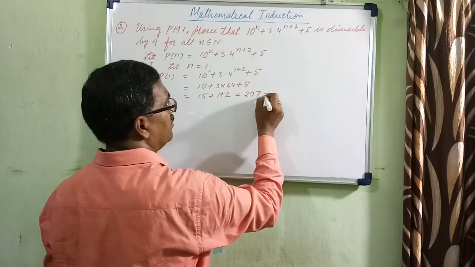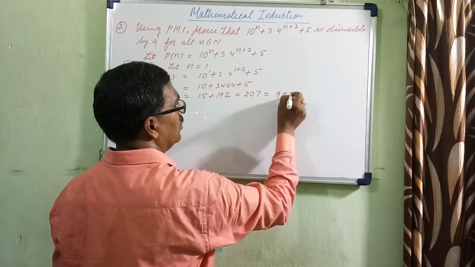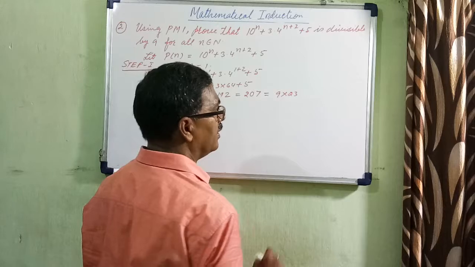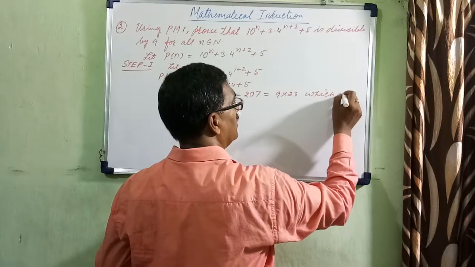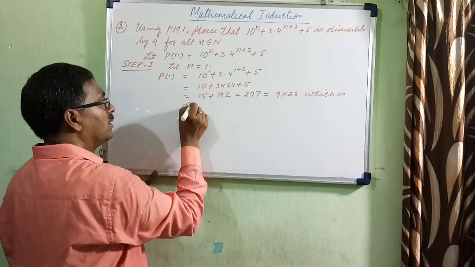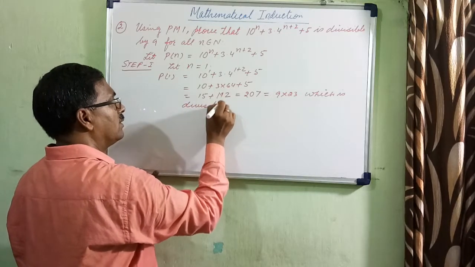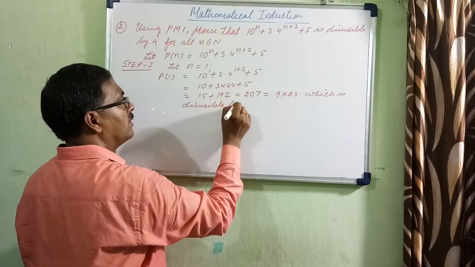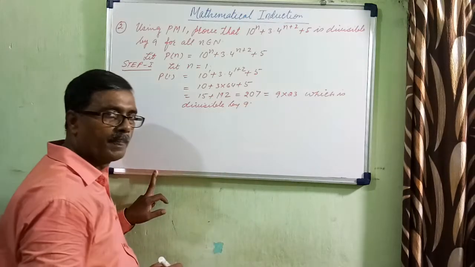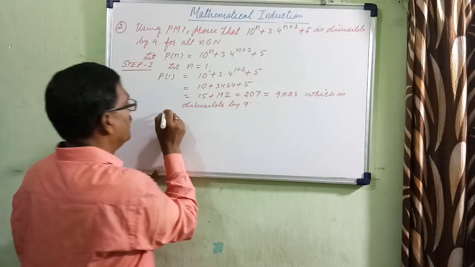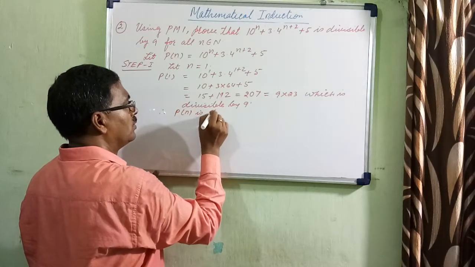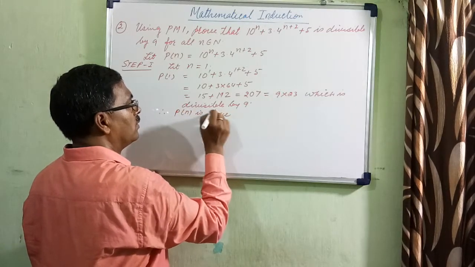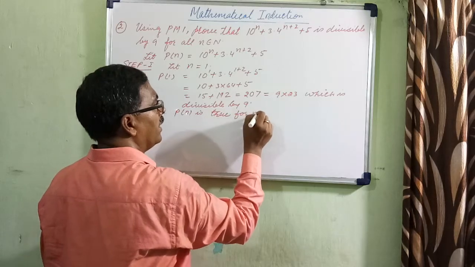Is it not divisible by 9? 9 into 23. So we can say which is divisible by 9. And hence, therefore, Pn is true for n is equal to 1.